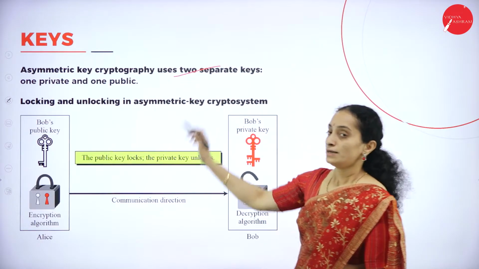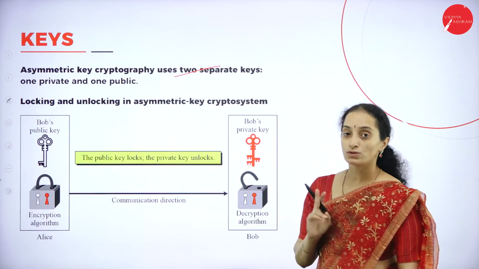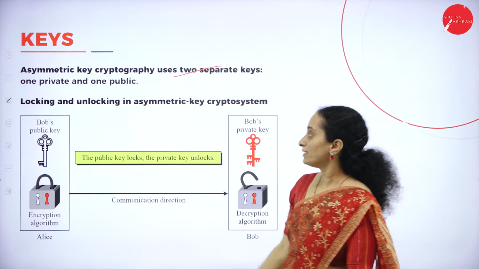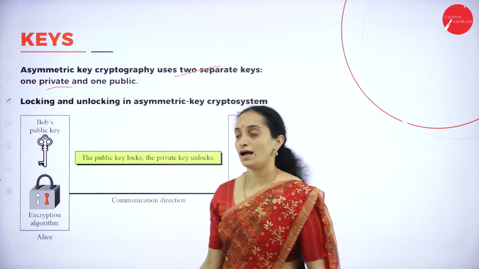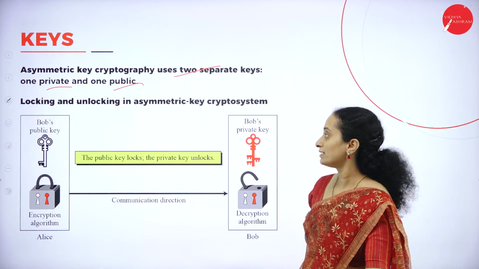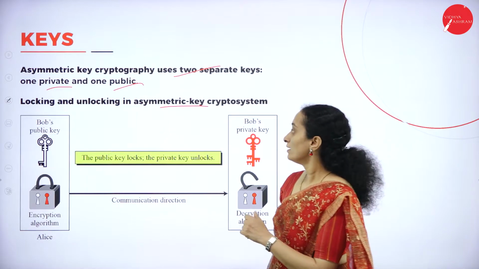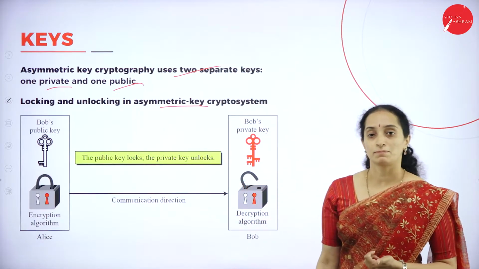So the method asymmetric key cryptography uses two separate keys. Okay, one is a private key, another one is a public key. There will be two keys. There will be locking and unlocking in asymmetric key crypto system.